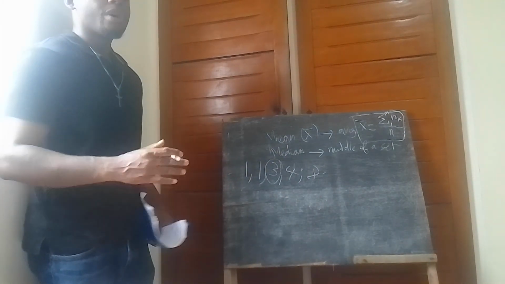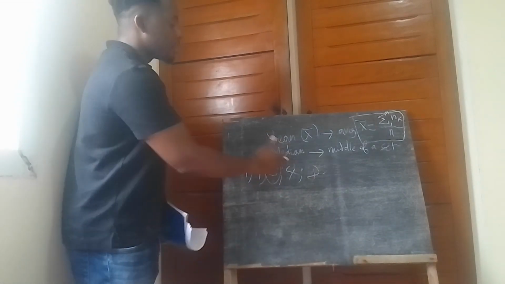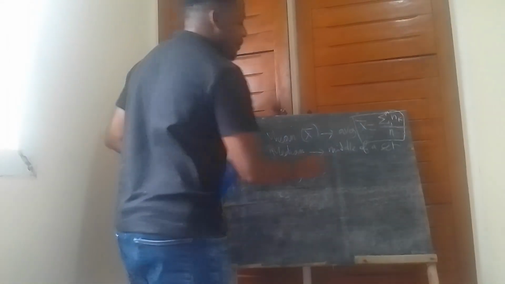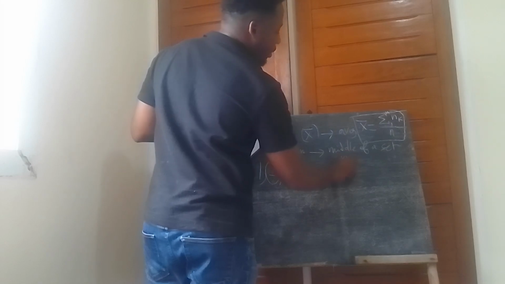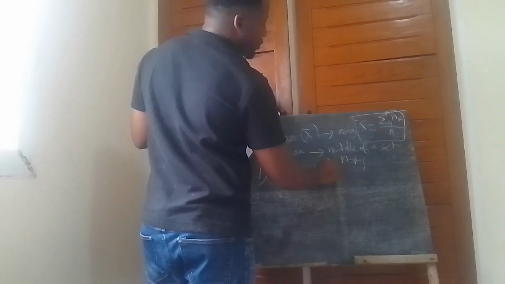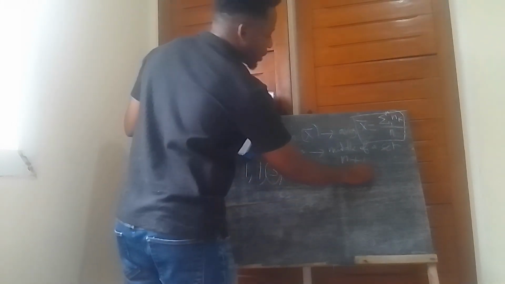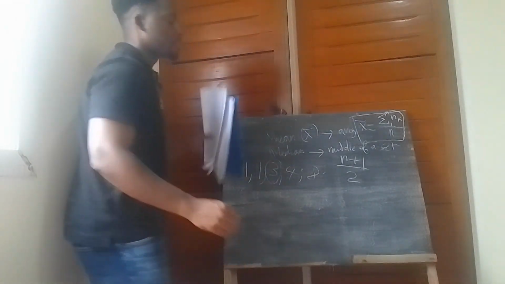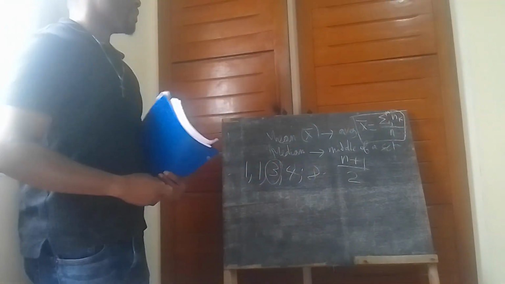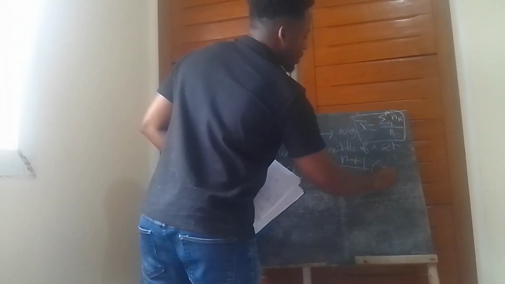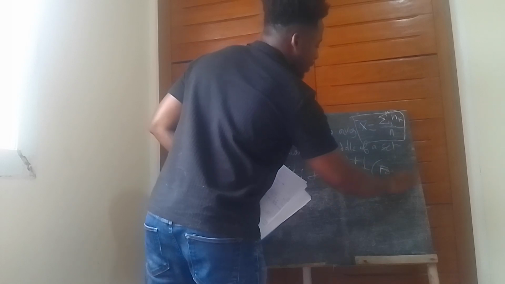But what if you have an even number of values? If you do have an even number, then you're going to do n plus 1 divided by 2. This is only for even sets.